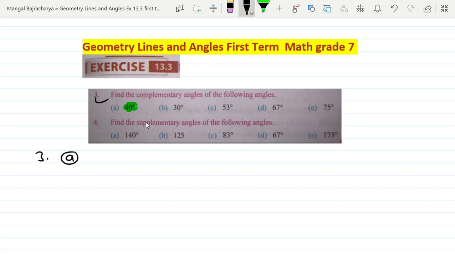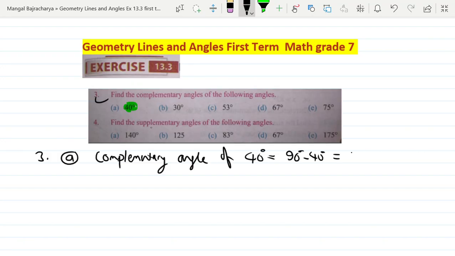We are asked here to find the complementary angle of 40. So from 90 degrees we subtract this angle, and we get 50 degrees. So that's it.